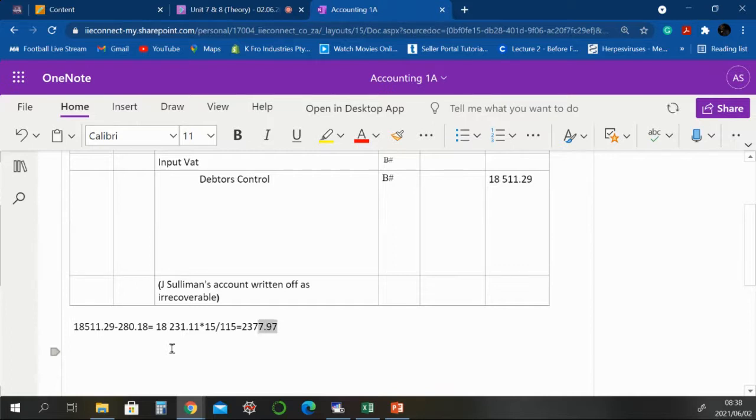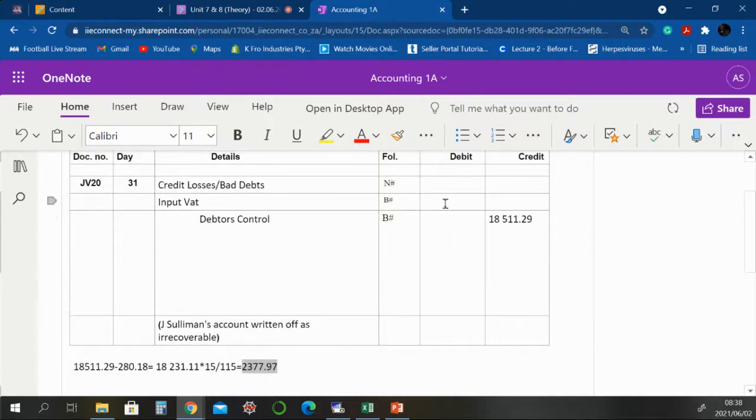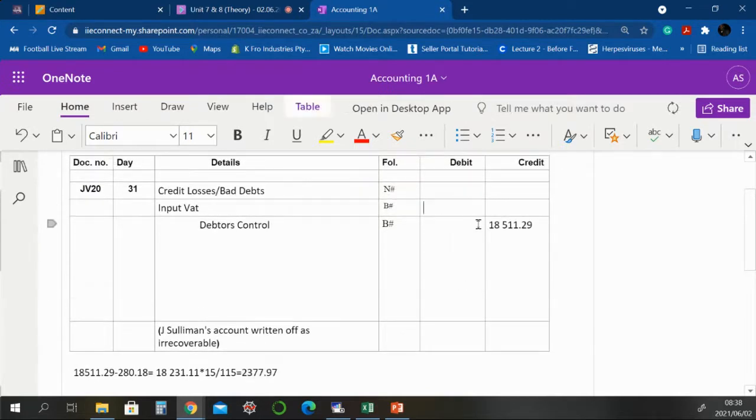Okay, awesome. Thank you for that. And that now we can put into input VAT. Now, how much are we going to put into your bad debt or your credit losses? It's literally going to be the difference between the two.